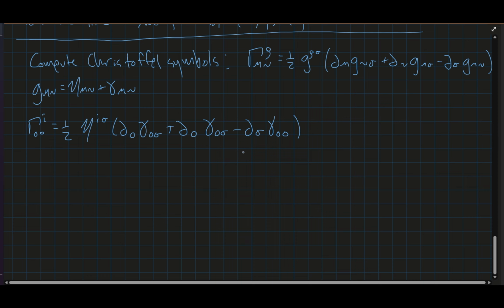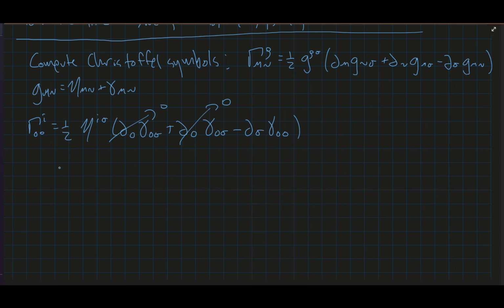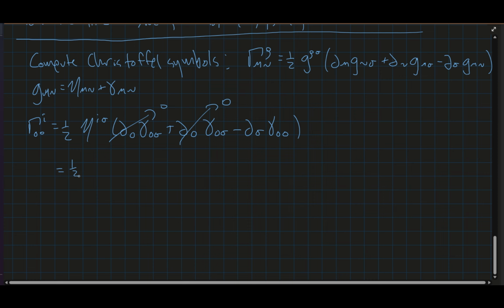So it says in the text that we're under the quasi-static approximation, so these time derivatives of gamma can go to 0. We're assuming that it's not changing or changing very slowly. And then we can rewrite that this is simply 1/2. And let's use the eta to raise this sigma. So we get minus del I upstairs gamma 0 0.